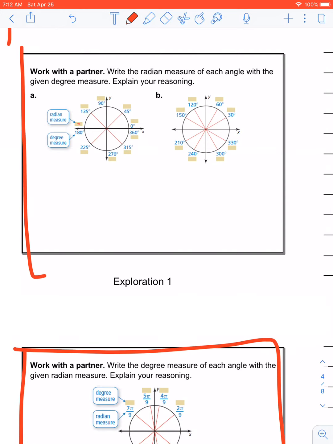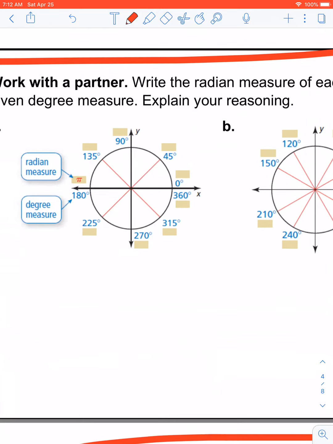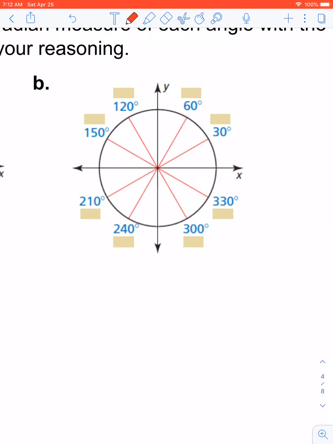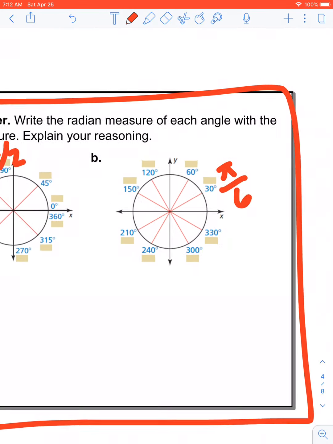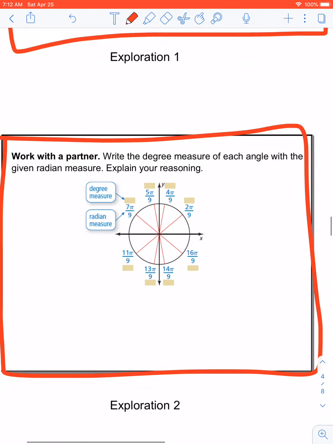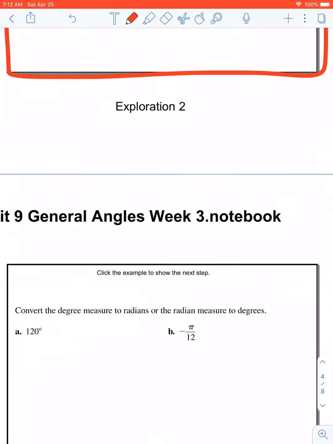But if you want some extra practice, definitely do it. As you notice, 90 is on here, so we know 90 is pi over 2. And we also know that 30 is pi over 6. So we've actually figured out some of those, but that's always good practice, just to work converting back and forth between measurements, because these 3 slides here we'll talk more about when we get to unit circles.